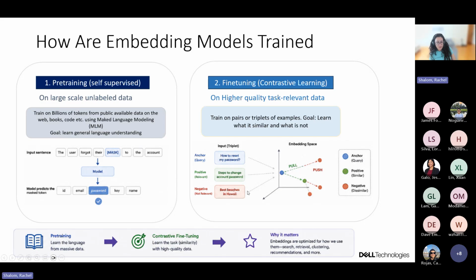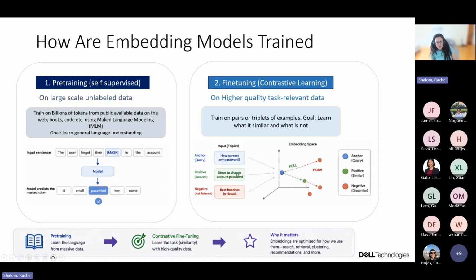Let's take a look at an example. One triplet, a sample of the data, would be a question of the user, how to reset my password, then a positive answer, what are the steps to reset your password in your account, and then one negative answer or a few negative answers, like best beaches in Hawaii, which completely doesn't answer it, right?